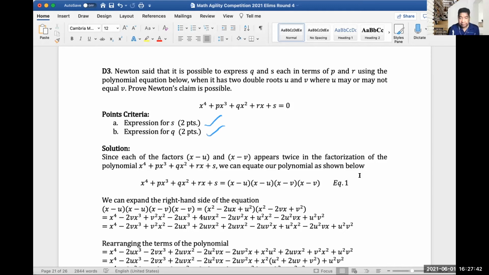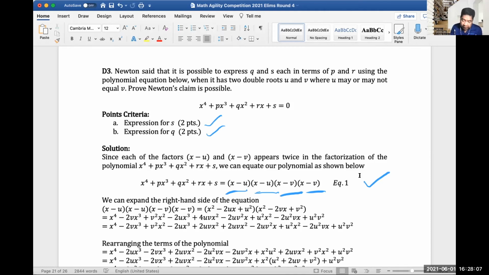Since each of the factors x minus u and x minus v appears twice, we can equate our polynomial with that: x minus u, x minus u, x minus v, x minus v. That's equation 1. So what I did here is expand the right hand side of the equation.